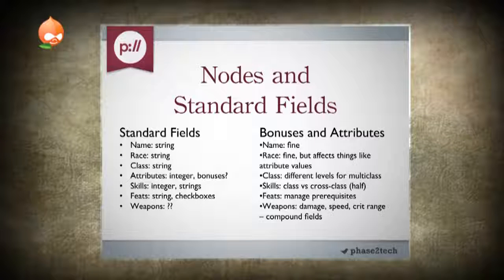So, nodes and standard fields. Node is pretty much the go-to data bundle in Drupal 7. Well, actually every version of Drupal, but in Drupal 7 specifically, it's referred to as a bundle. Does everybody know what a bundle is? No? Maybe a few of you? So essentially, the data units in Drupal 7, you have entities, and then you can make those entities fieldable.